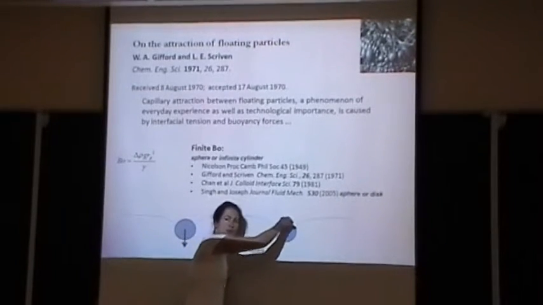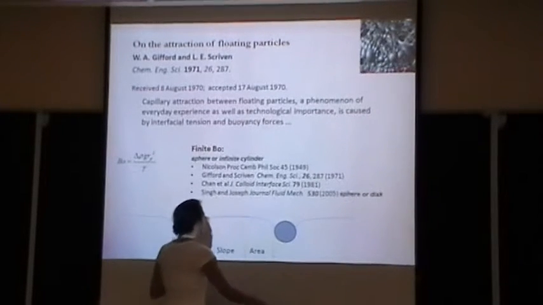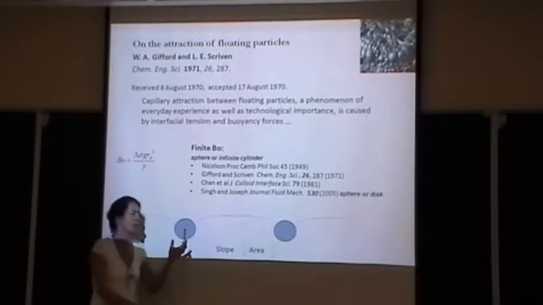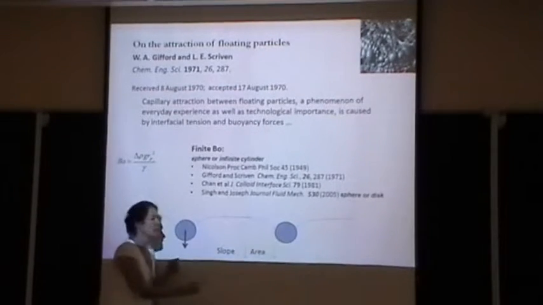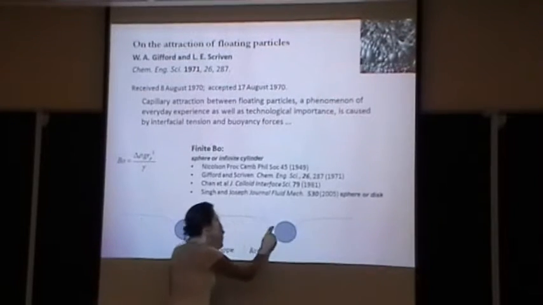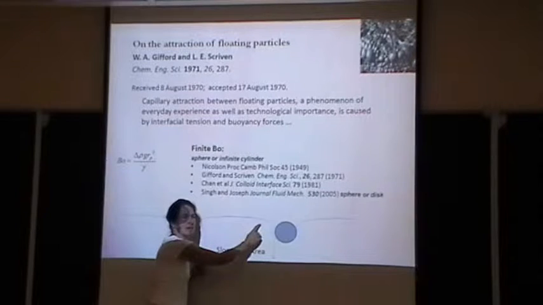When this particle creates a distortion, and this particle creates a distortion, I'll jump to the full punchline. This one has some slope in the surface, and this one has some slope in the surface. When they overlap, the slope of the interface goes down. That's really all that's happening here.